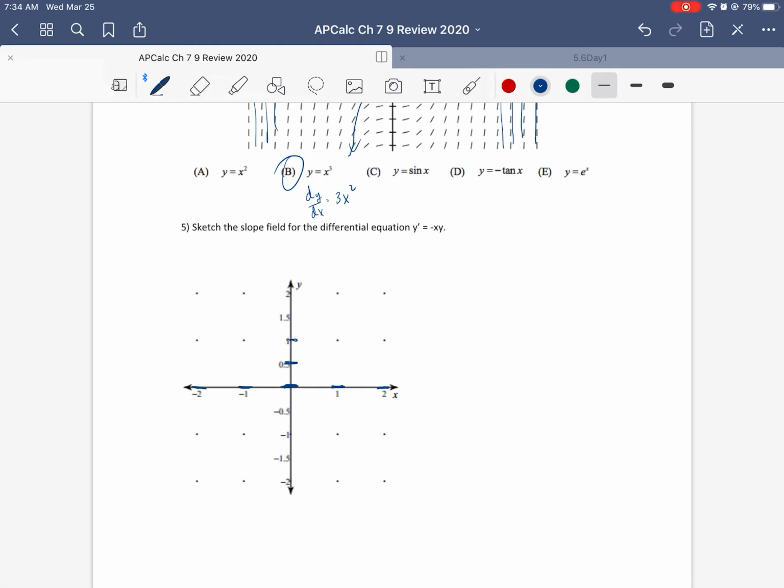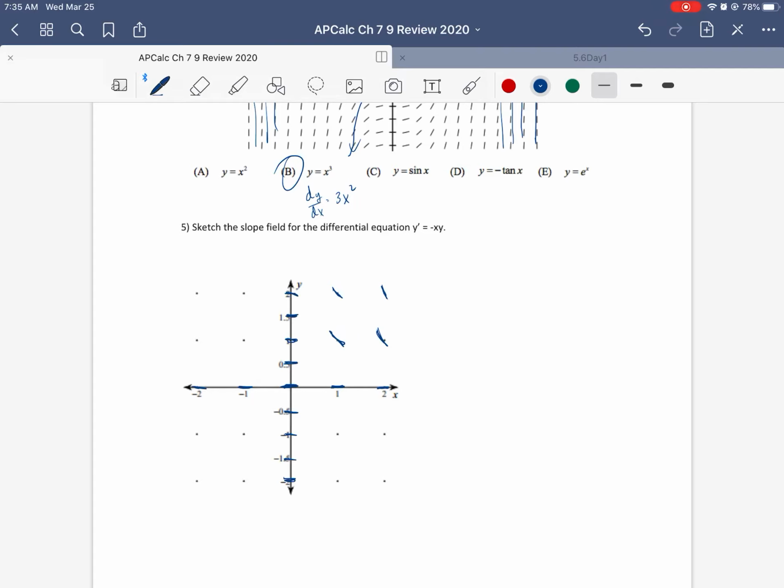That means any time either the x or the y is 0, I have a slope of 0, so that helps a lot. In the first quadrant, I have the ordered pair 1, 1, so negative 1 times 1 is a slope of negative 1. Moving to the right, negative 2 times 1, a little bit steeper. Moving up, 1, 2 would be a slope of negative 2. And then here we would have a slope of negative 4.